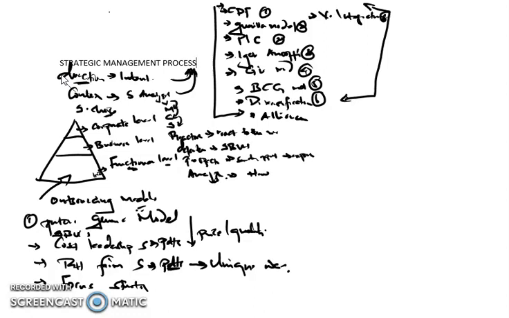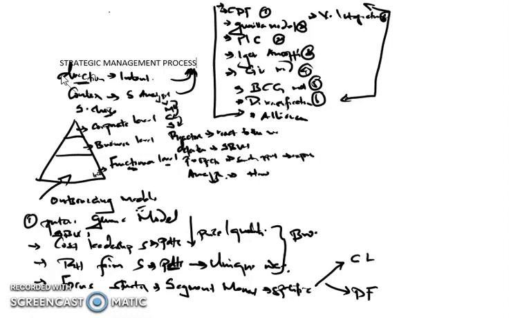That is differentiation. Then you have the focus strategy. This is where you segment the market. Then you go to a specific market and you become either a cost leader or a differentiated firm. That means that the cost leader and the differentiated firm have a broader scope.